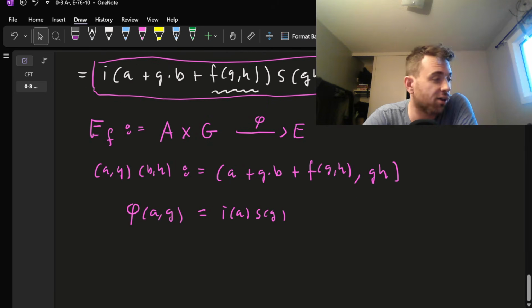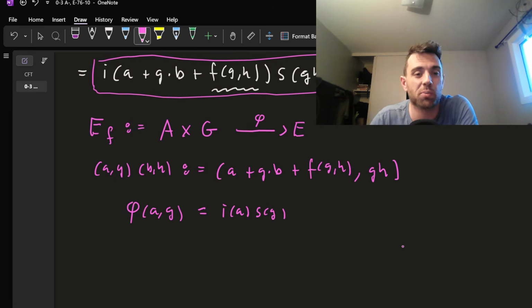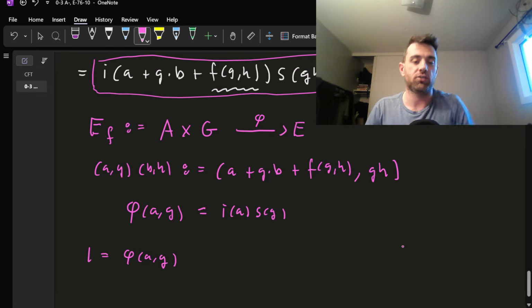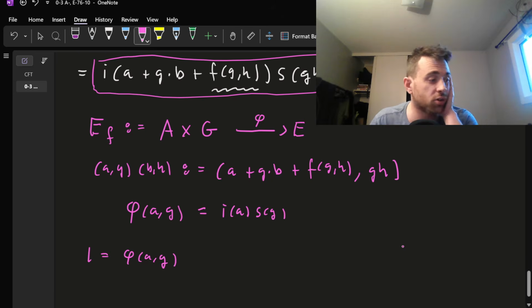So let's take a look. Suppose we had some element whose image was the identity. And I need to look at my notes. And what is this?